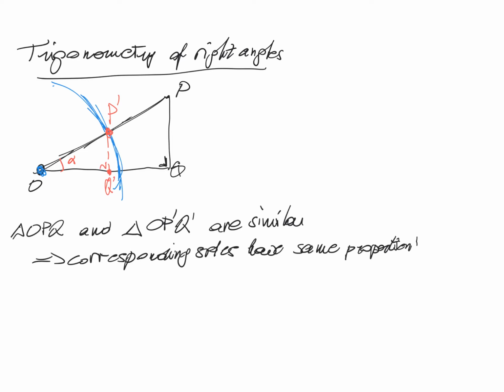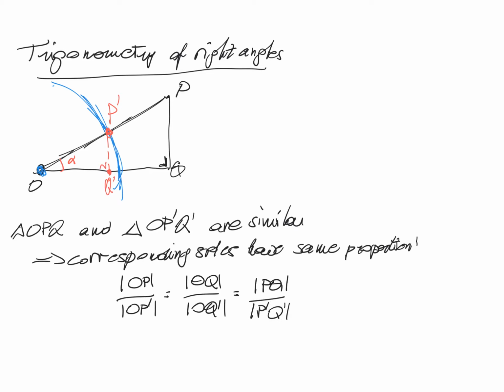Or if we want to put it in a formula, then we can say that the length of the side OP divided by the length of the side OP prime is equal to the length of the side OQ divided by the length of the side OQ prime is equal to the length of the side PQ divided by the length of the side P prime Q prime.